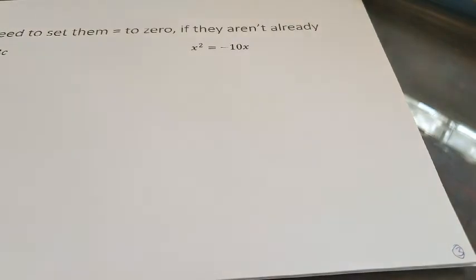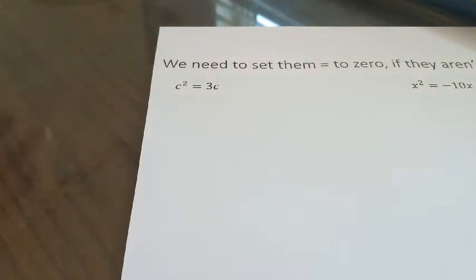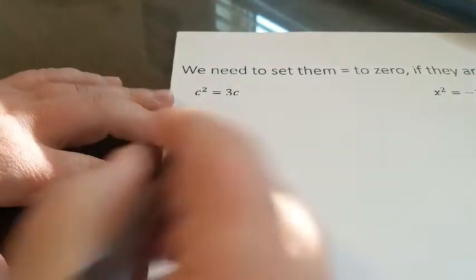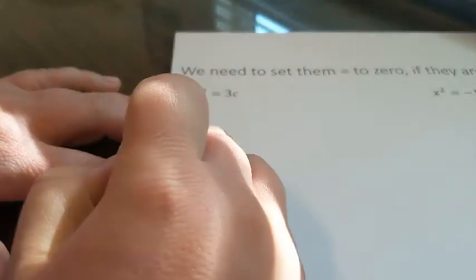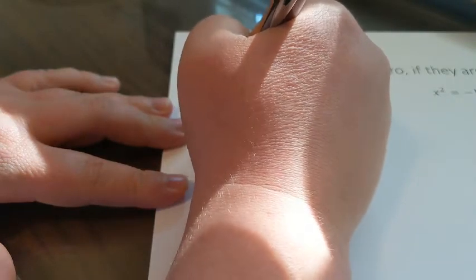Okay, so if it's not already, you need to have whatever it is equal to 0 in order to solve. In this example, we need to move the 3c over, so we subtract 3c.